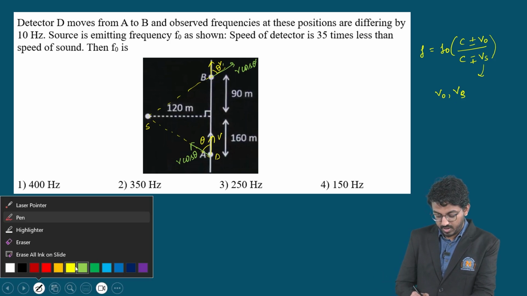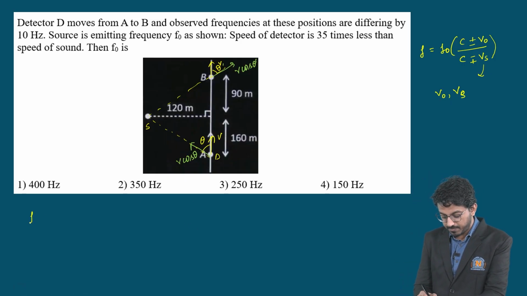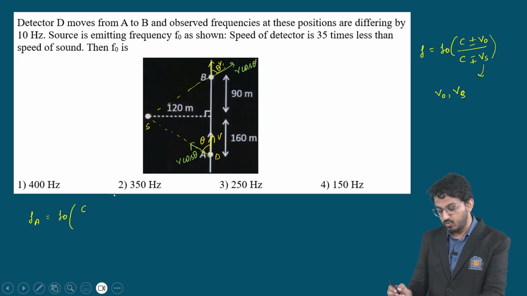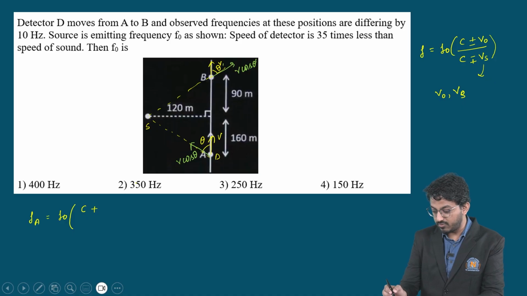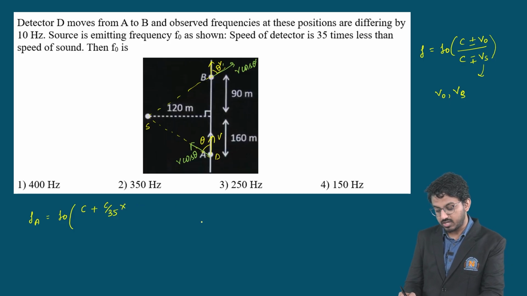So the frequency that the detector will observe here at A is going to be f naught times C, speed of sound. As the velocity of the detector is towards the source, we will add it, and they have said that the speed of the detector is 35 times lesser. So C over 35 times cos theta.